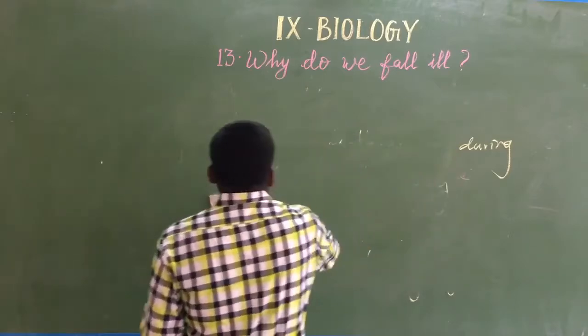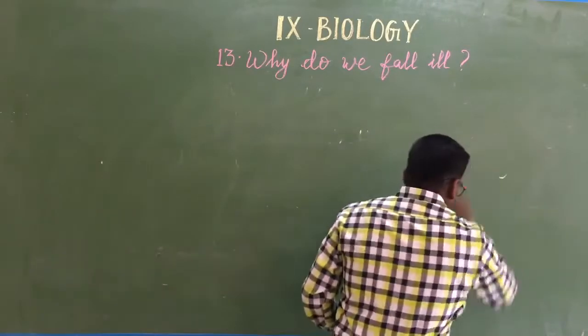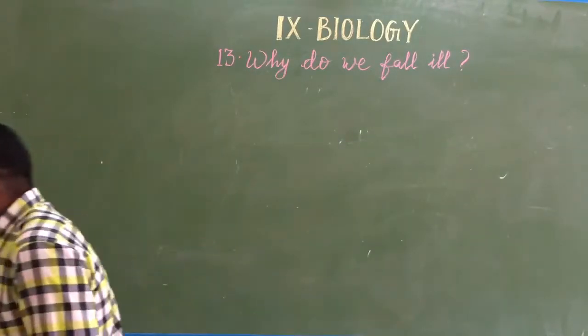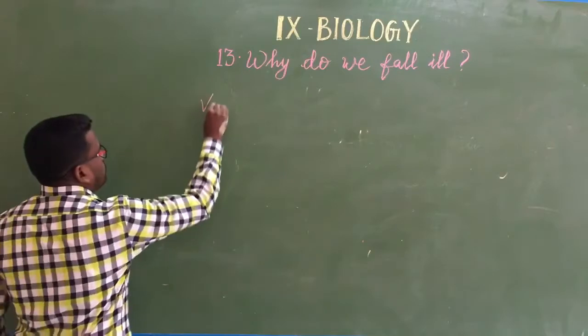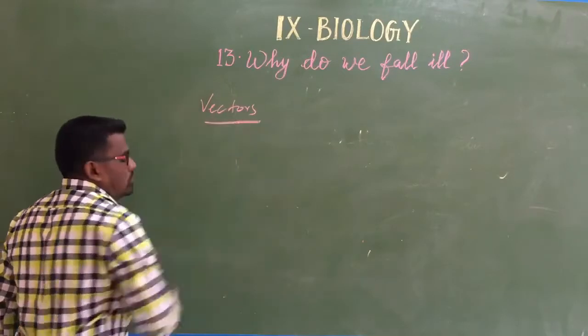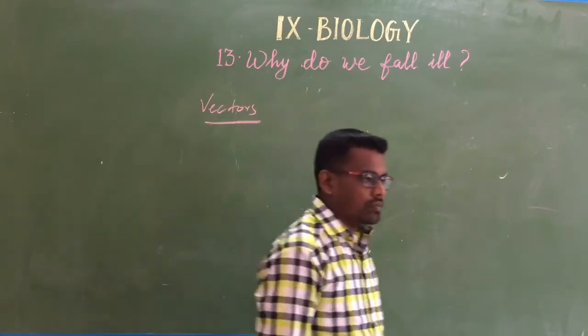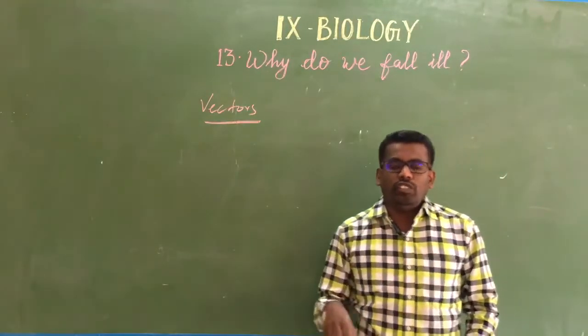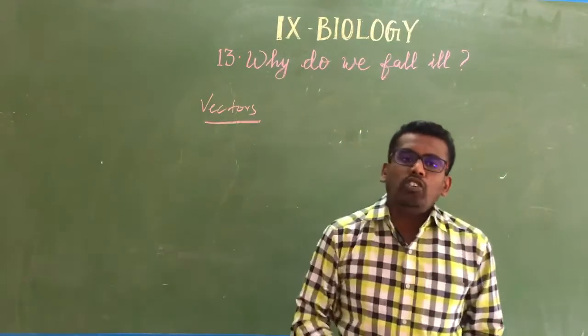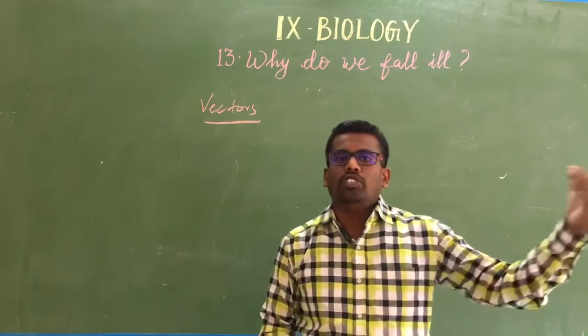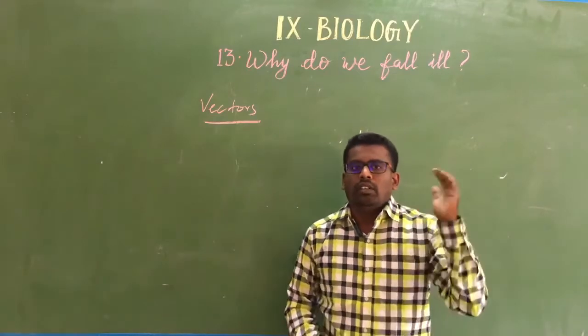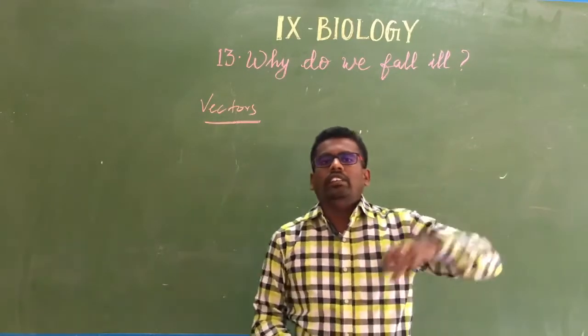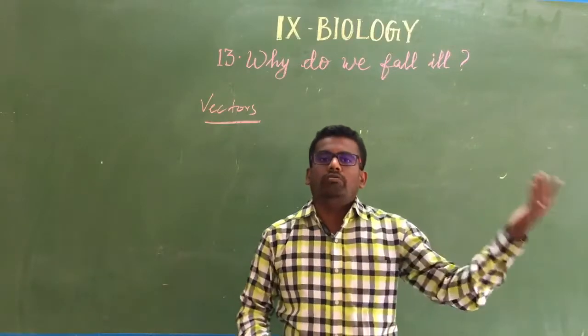Through animals, or through vectors, the disease may spread. What are vectors? The animals carry the infecting agents and transmit the disease from one person to another person. What are the infecting agents?